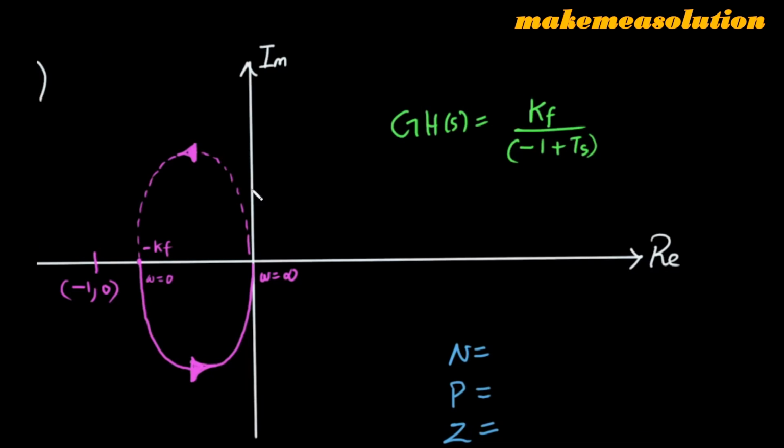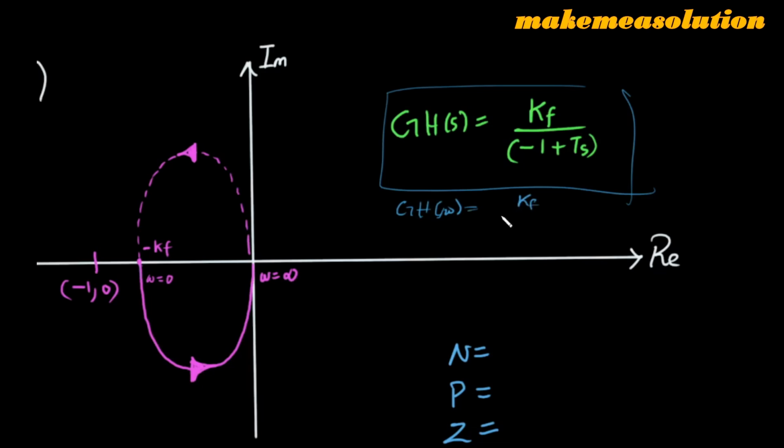Let's do that together. So you can see that the contour described by this function is what you're seeing here. So the contour from 0 to infinity is this one that you're seeing. After you put s equal to j omega, GH of j omega will be K over minus 1 plus jT omega.